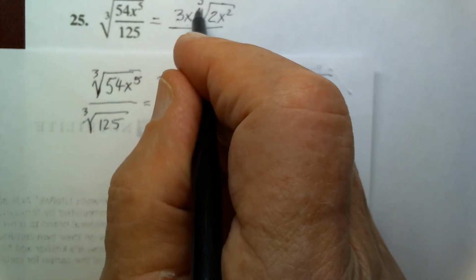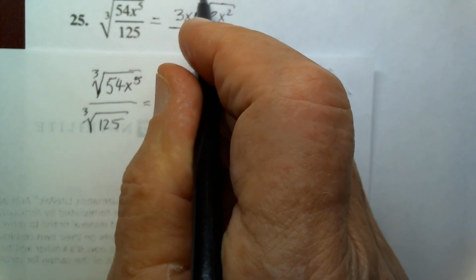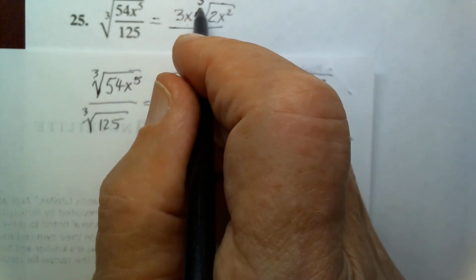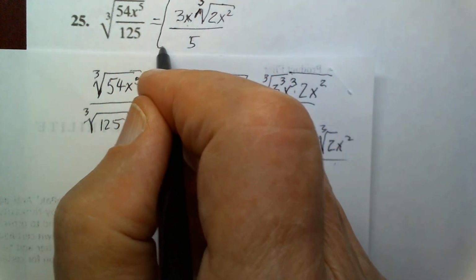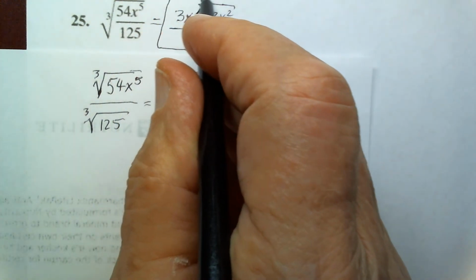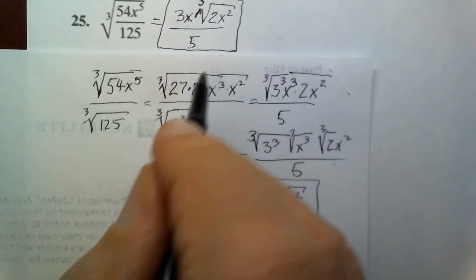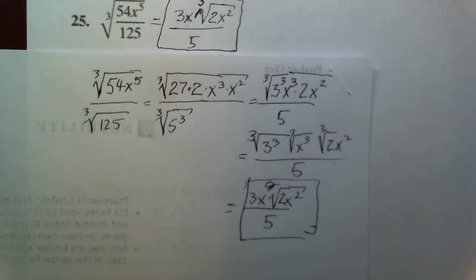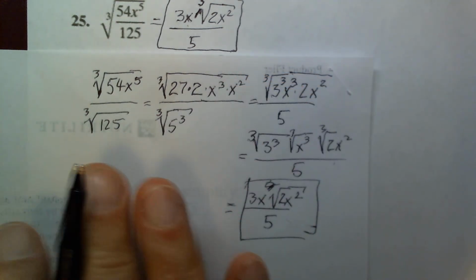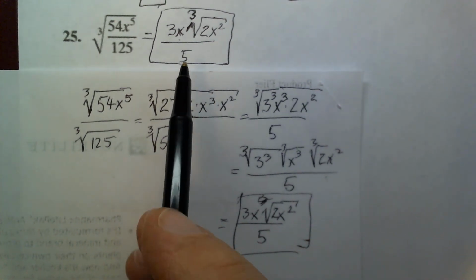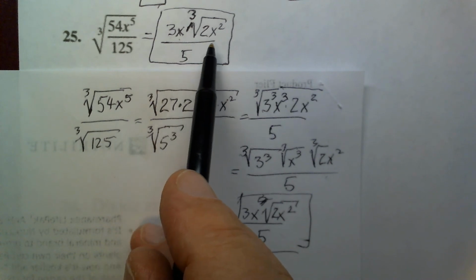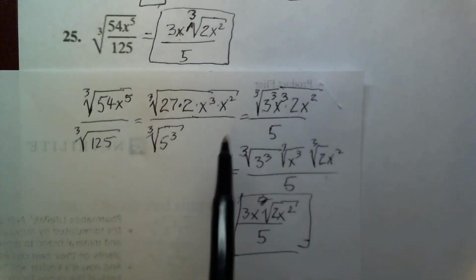So this 3 here is the index. So this is the answer, 3x times the third root of 2x squared divided by 5, and here's a derivation.